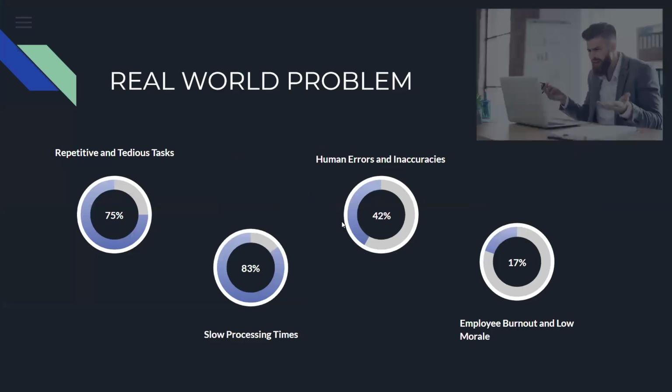Next, before I move to the main topic, let's figure out what are the real-world problems that most employees nowadays in the world are facing. First, repetitive and tedious tasks. Next, slow processing times, and third, human errors and inaccuracies.